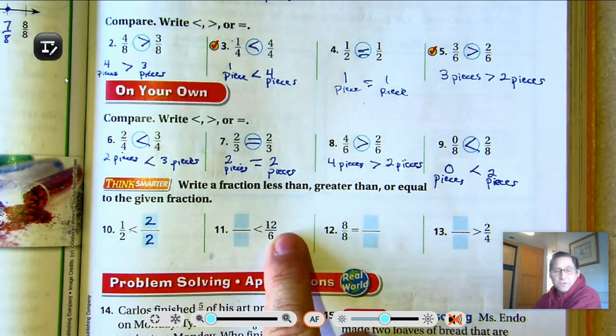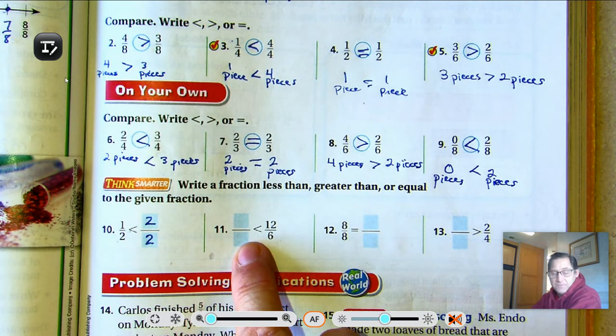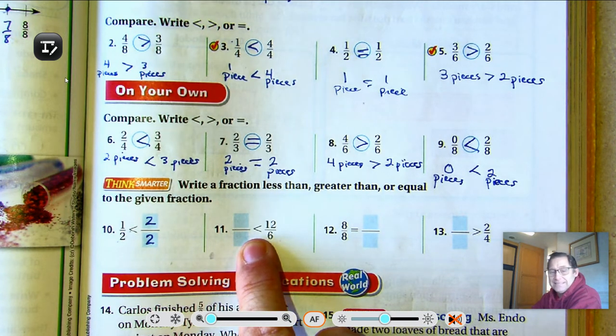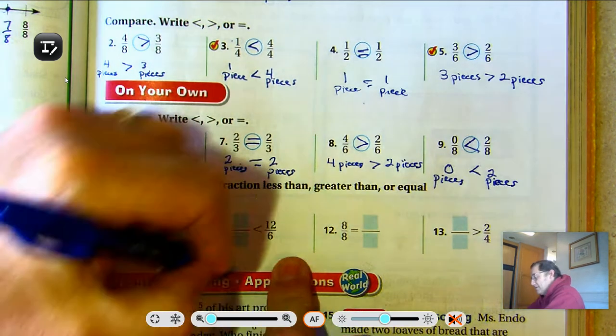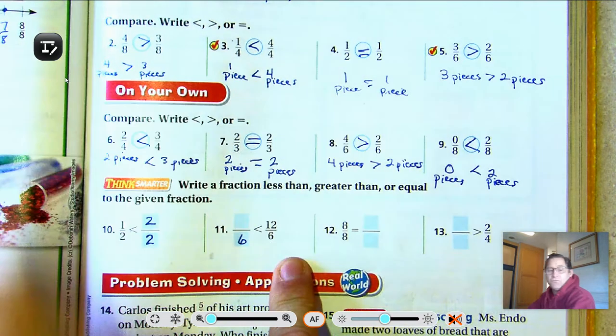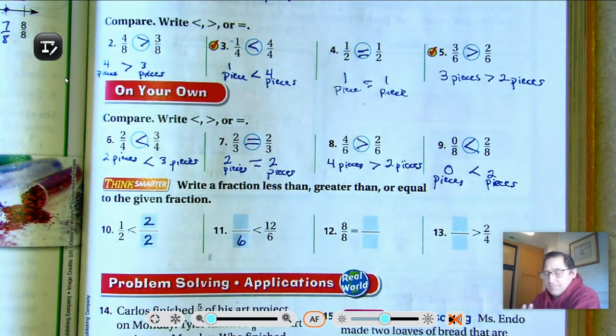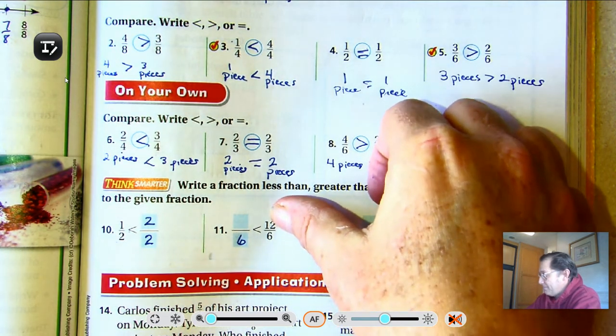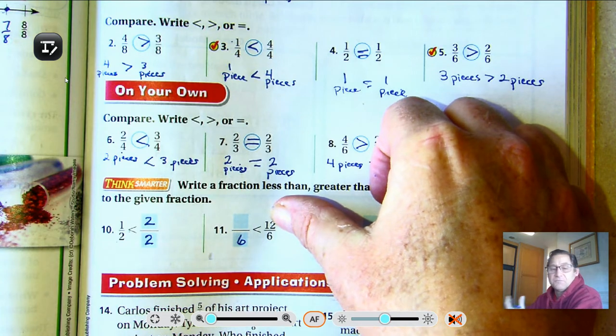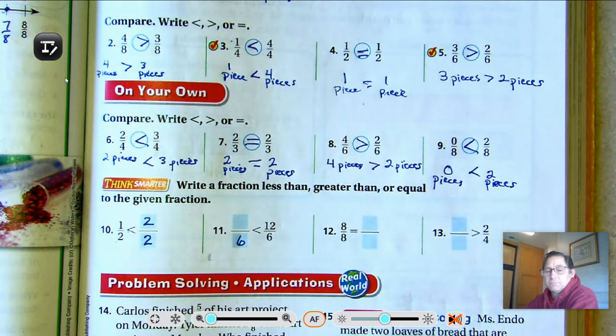All right, here we're comparing some fraction is going to be less than 12/6. So we know that both fractions will have 6 equal parts. And we need to have a number of pieces smaller than 12. Well, 11, 10, 9, 8, 7, 6, 5, 4, 3, 2, 1, 0.